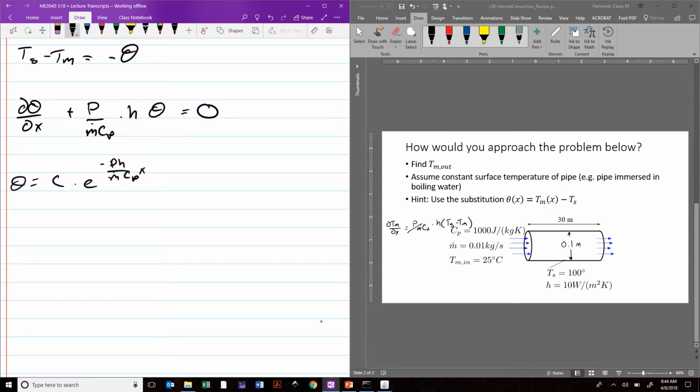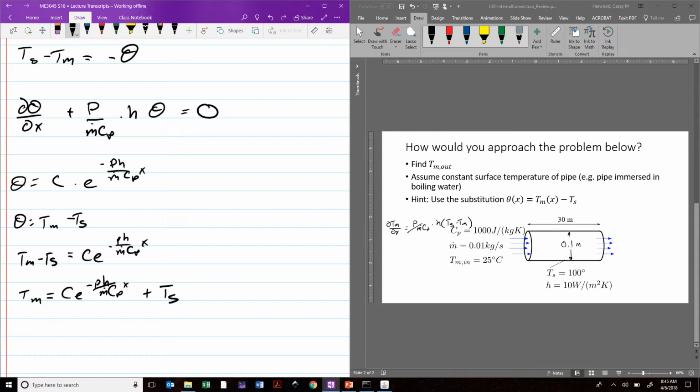If we wanted to, we could go ahead and now write this back in terms of Tm. Because theta is equal to Tm minus Ts, we have Tm minus Ts equal to Ce to the negative pH over m dot Cp times x, which suggests that Tm is equal to Ce to the negative pH over m dot Cp x plus Ts, right?